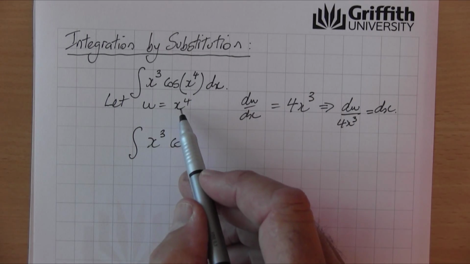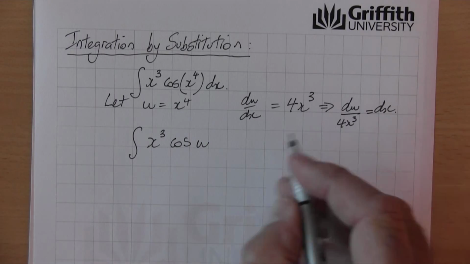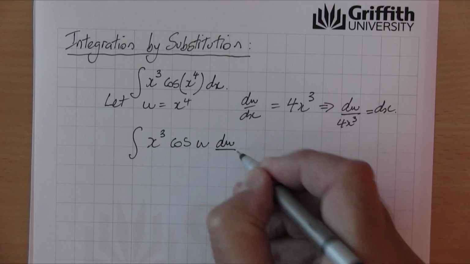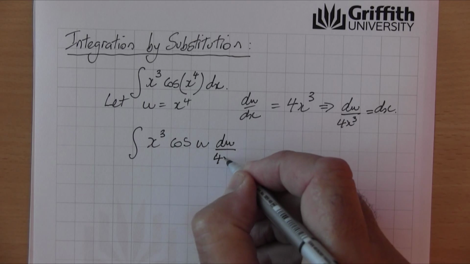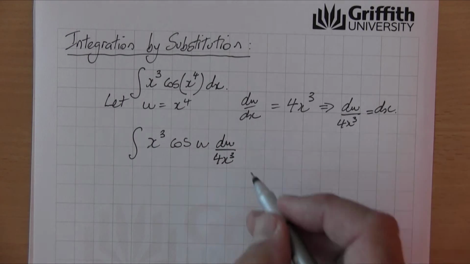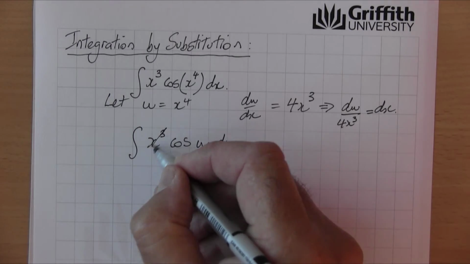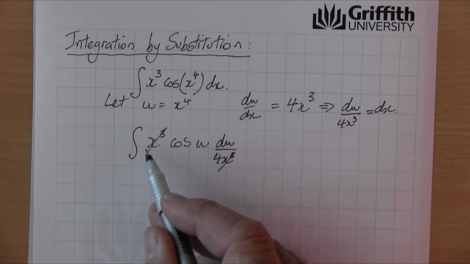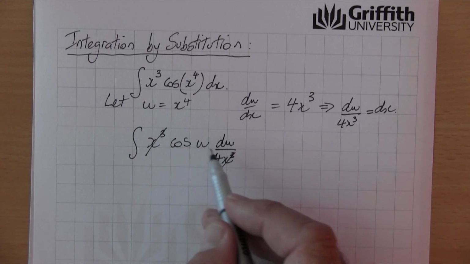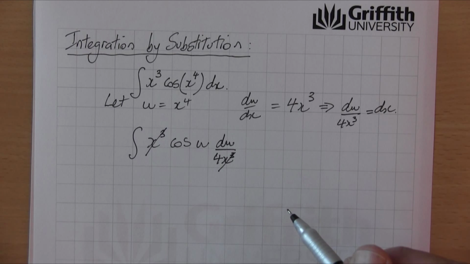Now instead of x to the fourth we can write u, and instead of dx we can write du over 4x cubed. And you can see why we didn't do a substitution for this x cubed. The x cubes will cancel, and we've got now an integral that involves u only, and that is the whole idea of integration by substitution.